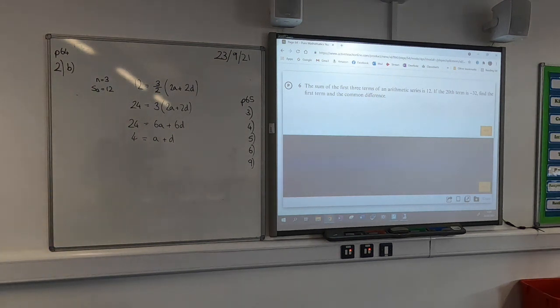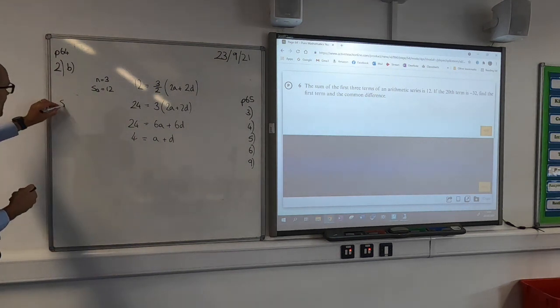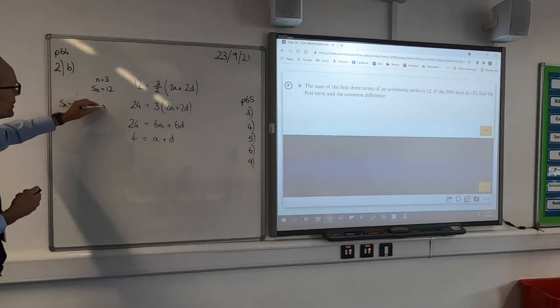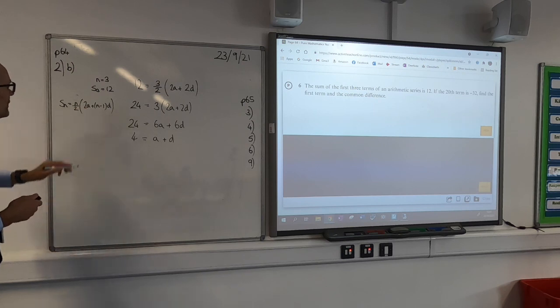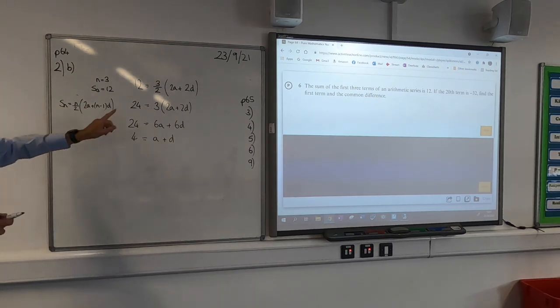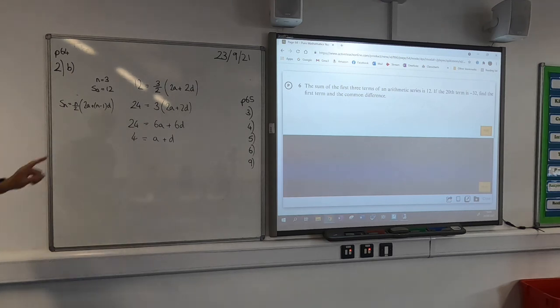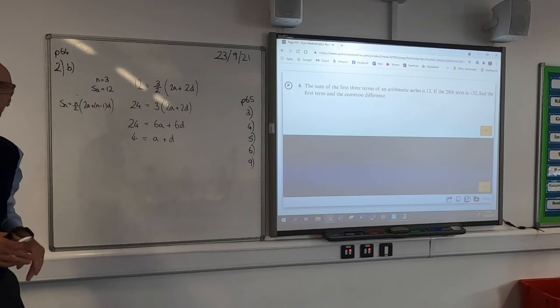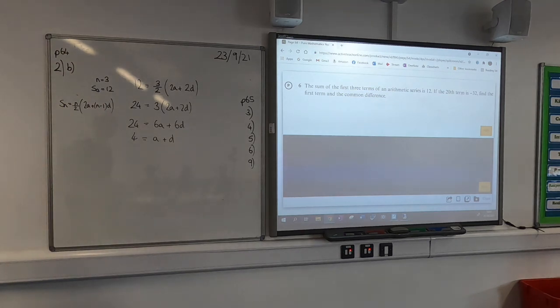So I substituted that into the n over 2, 2a plus n minus 1 d formula. I don't know a, so I have to leave it as 2a. I know n is 3, so n minus 1 is 2, but I don't know d. So there's a whole lot we still don't know. But that's the first fact.